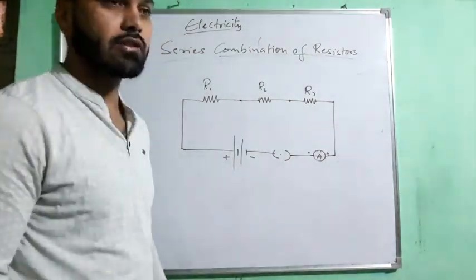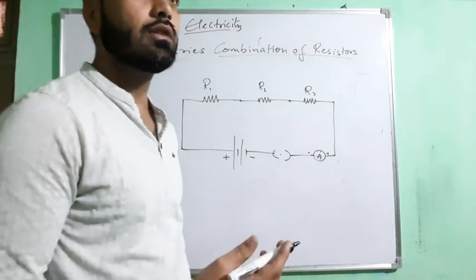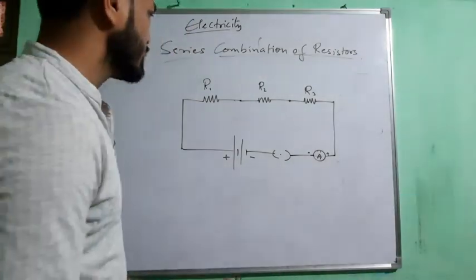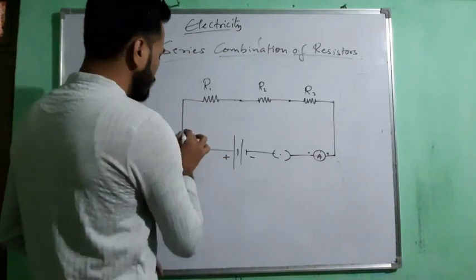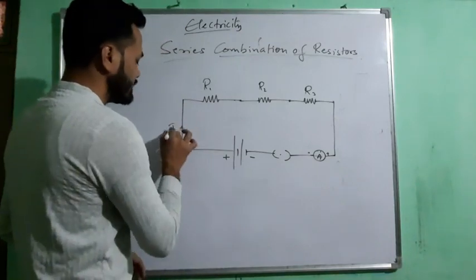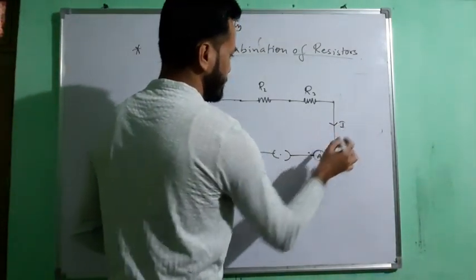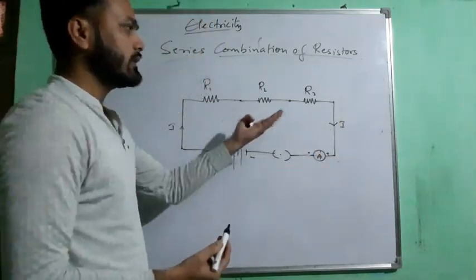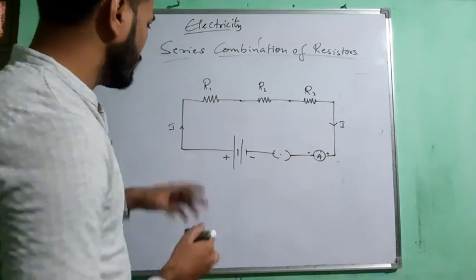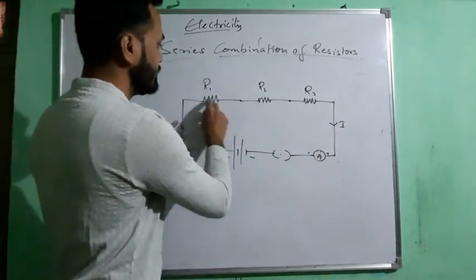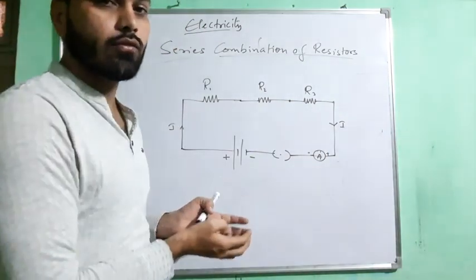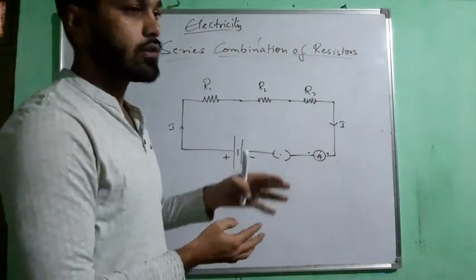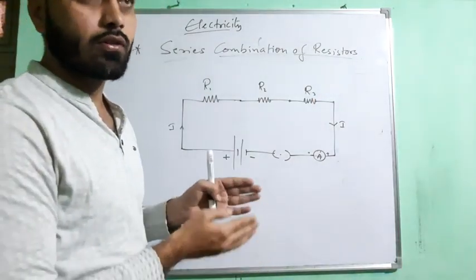And to measure the potential difference, we have a device called the voltmeter. You know that current flows from the positive terminal to the negative terminal. Now the same current flows through all the resistors, because there is no other way to flow. There is only one path for the flow of electrons.